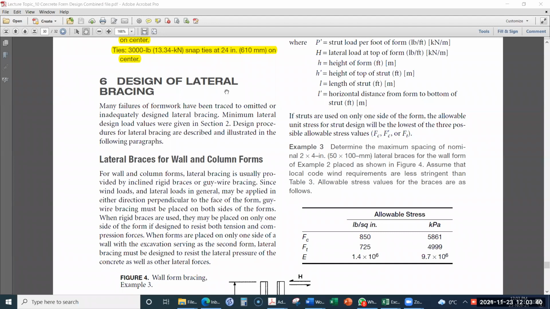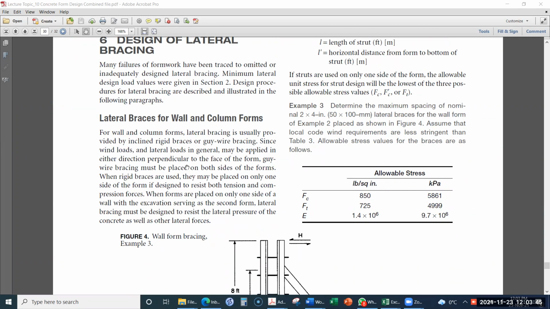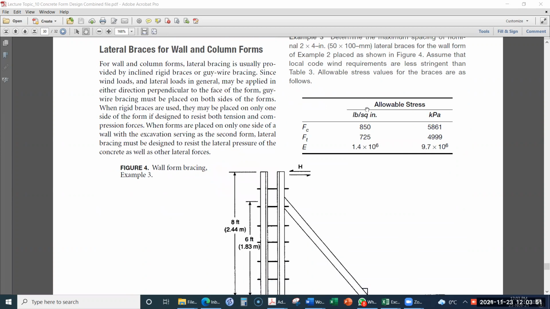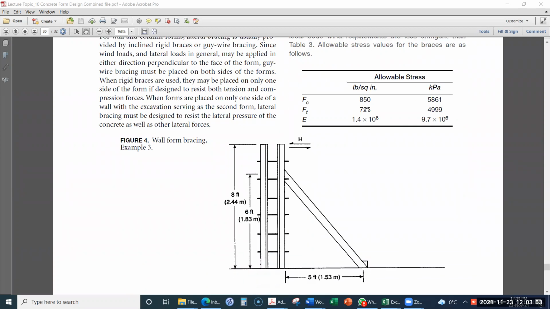For this purpose, we have two examples. We will briefly look at these two examples, and then with that, we will try to understand it.